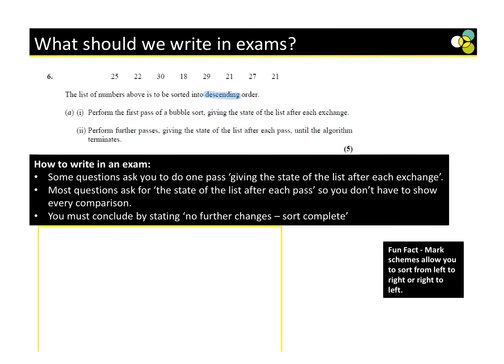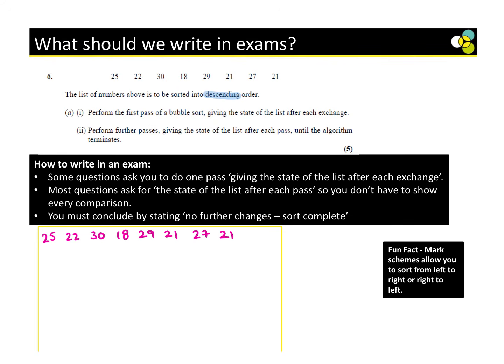Okay, so step 1, always write the list out. So 25, 22, 30, 18, 29, 21, 27, 21. Now, as I said to you, we will need colours and highlighters, and it's just going to make it easier because to get these 5 marks in the mark scheme, you have to really show what's going on.